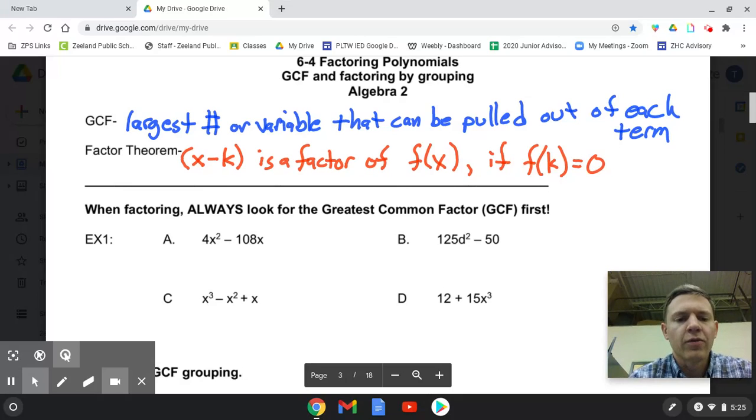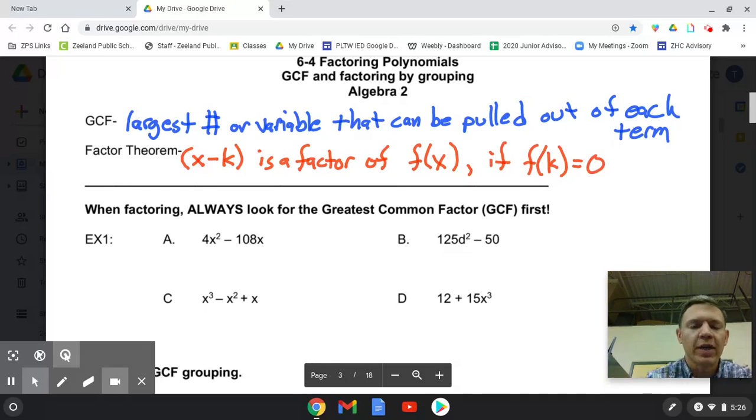All right, 4x squared minus 108x. It says when factoring, always look for the greatest common factor, the GCF, first. So the first thing I want to do is look for that greatest common factor, the thing that they both have in common.